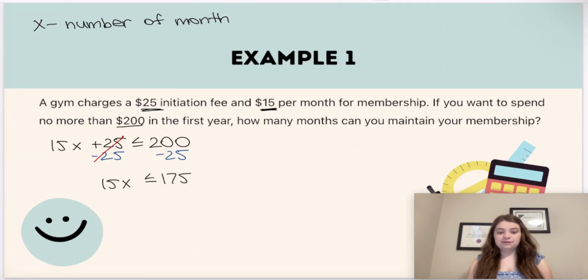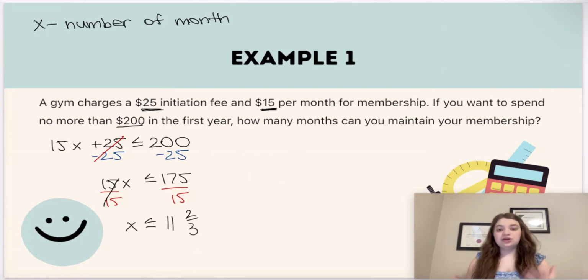So then we're left with 15x is less than or equal to 175. So if we divide both sides by 15, these two cancel out, and we get x is less than or equal to 175 over 15, which is 11 and 2/3 of a month.